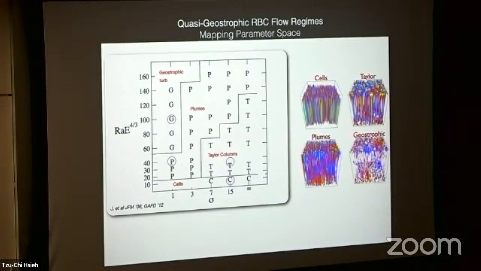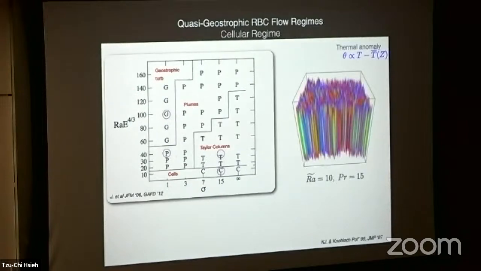So I won't say so much. The cells are just like the single mode solutions that I was showing. You look at the horizontal tessellation just above onset, and you get something that looks like a square-like pattern. They're not steady like the single mode solution, they're unstable.